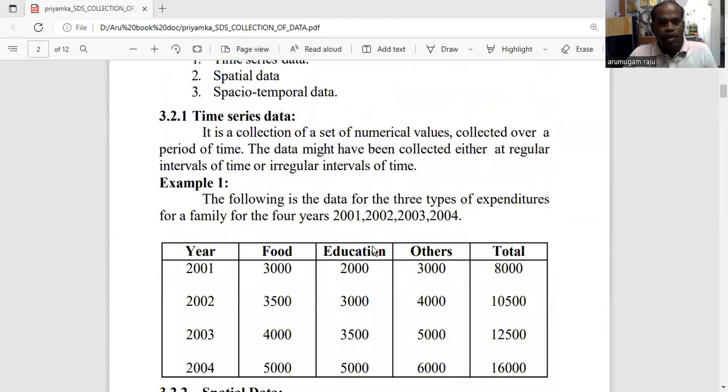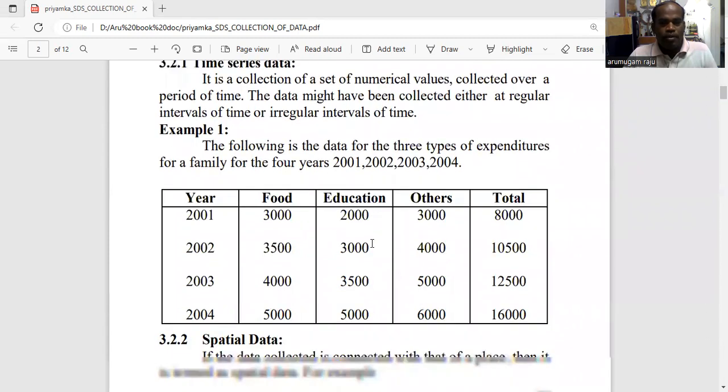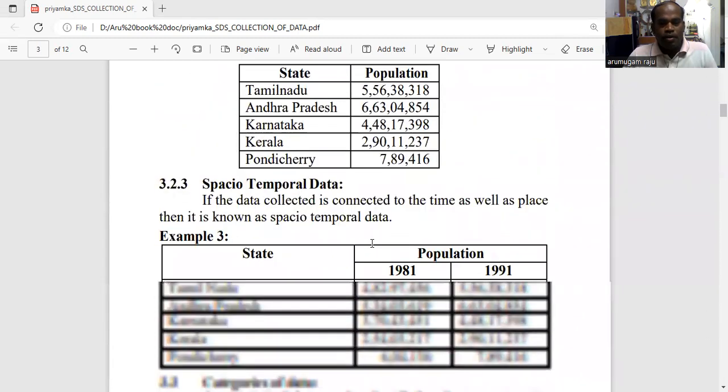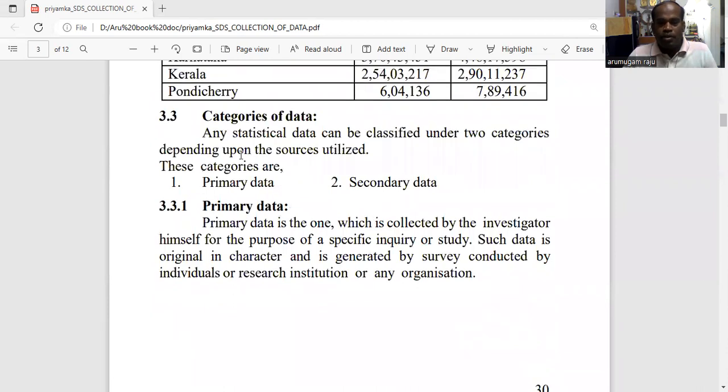So next we have some classification of the data. Yes, so these are the categories of the data. Here we have two types of data. The first one is primary data and the other one is secondary data. The primary data is the one which is collected by the investigator himself for the purpose of a specific inquiry or study.